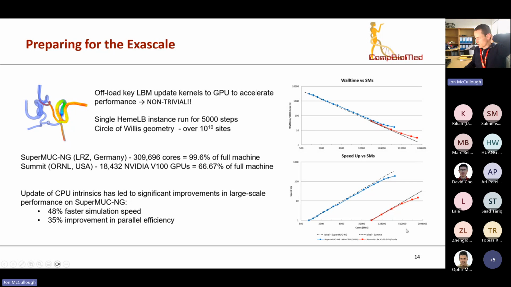The GPU version, we're looking at 512,000 streaming multiprocessors. I can't remember off the top of my head how many GPUs that converts down to. Might be about 10,000 GPUs, give or take. And some improvements in the CPU code around intrinsics gain further improvements in the code.